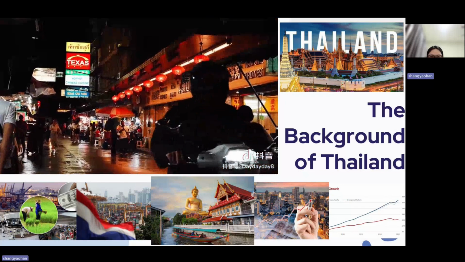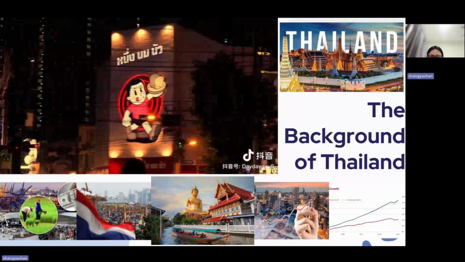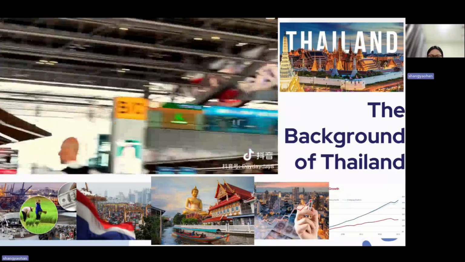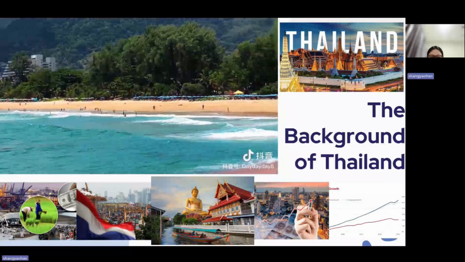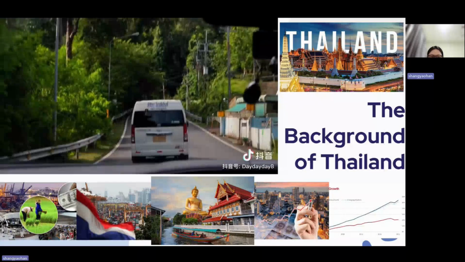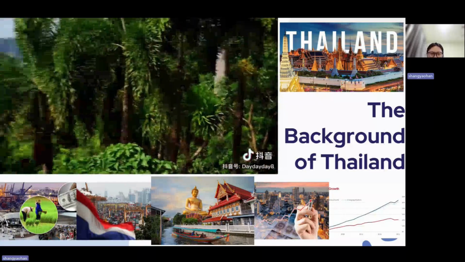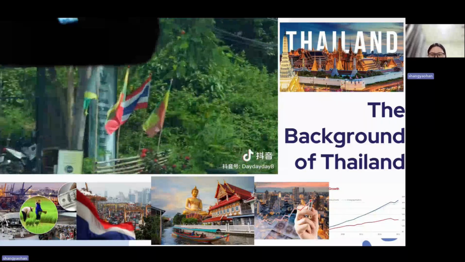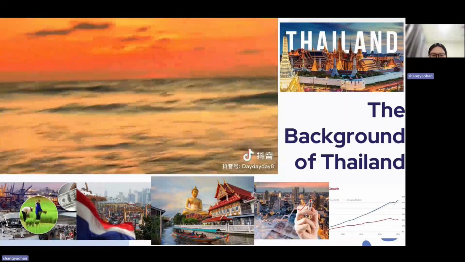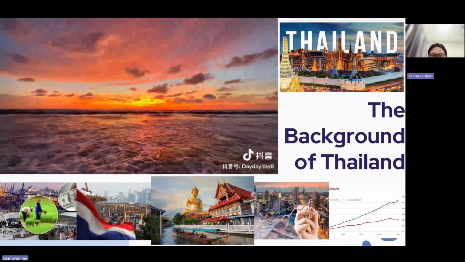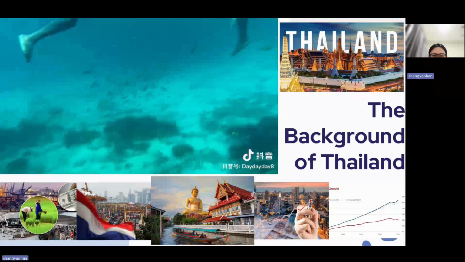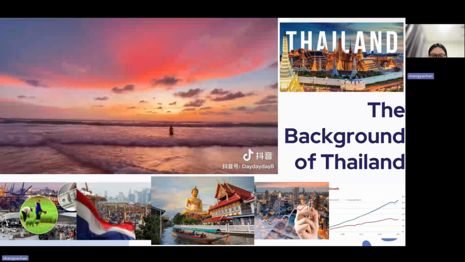When export earnings or tourism income decline, foreign exchange inflows fall, putting depreciation pressure on the baht. In addition, Thailand's manufacturing sector relies heavily on foreign direct investment. Increased capital inflows raise demand for the baht and help support the exchange rate, while higher global uncertainty often leads to capital outflows and greater exchange rate volatility.